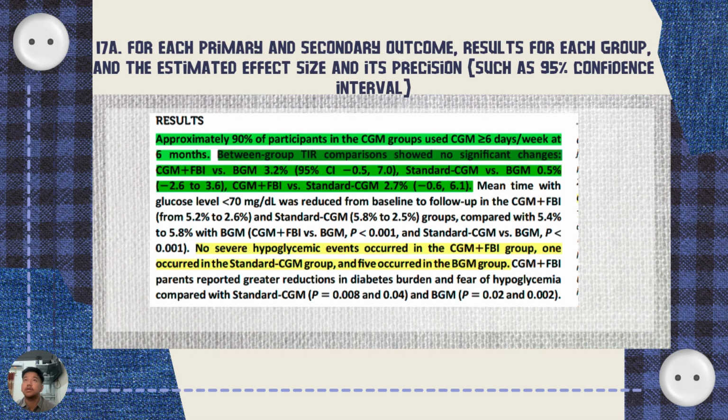And then for 17A, in the article it is mentioned CGM reduced hypoglycemia time significantly but did not increase time in range. Effect sizes are reported with confidence intervals.